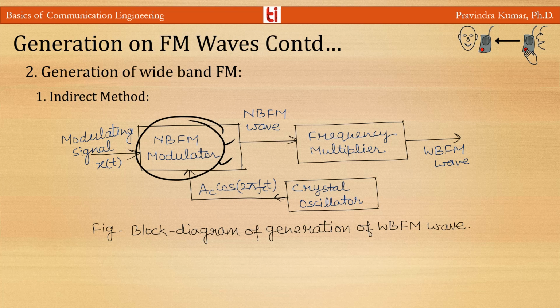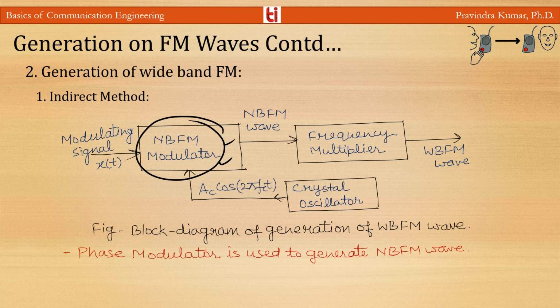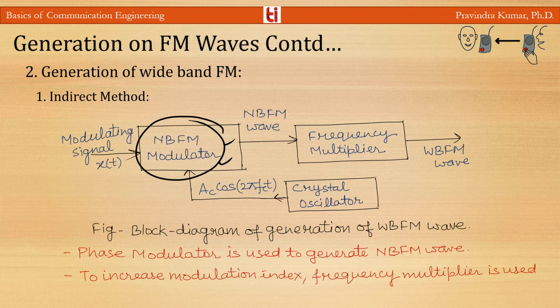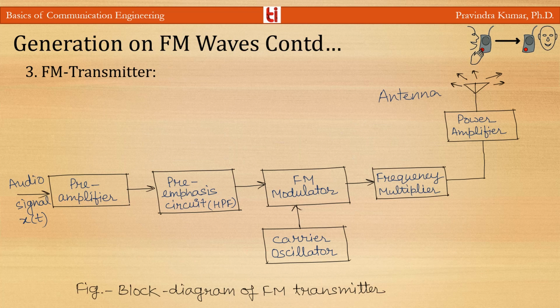So in order to get the required modulation index greater than 1, we will use a frequency multiplier to increase the modulation index, or you can say to get the wideband FM from the narrowband FM. The frequency multiplier is a non-linear device which produces an output signal whose frequency is n times the input signal frequency, where n is the multiplication factor.